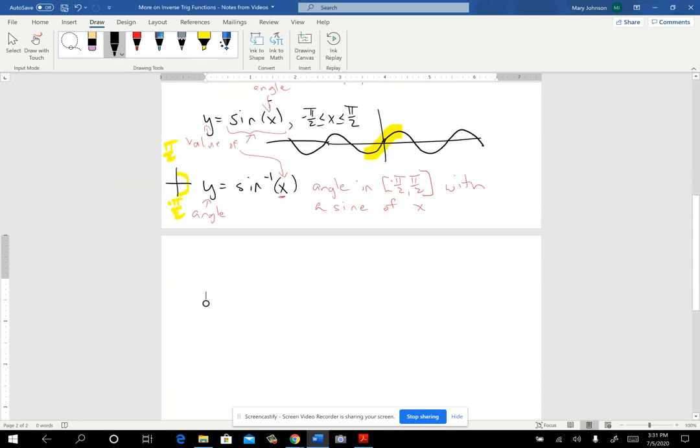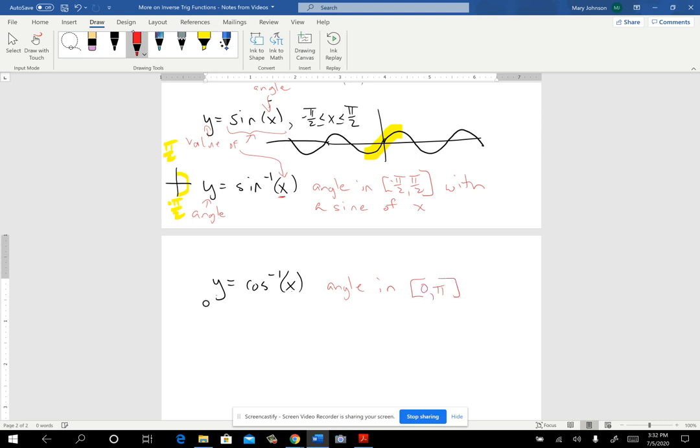All right, let me go ahead and jot down what you should think of. I won't go through the whole explanation, but when we're doing cosine, the inverse cosine function of something, okay, what you should be thinking there is that you're trying to find the angle, and on that we restricted the original cosine to be from 0 to pi.